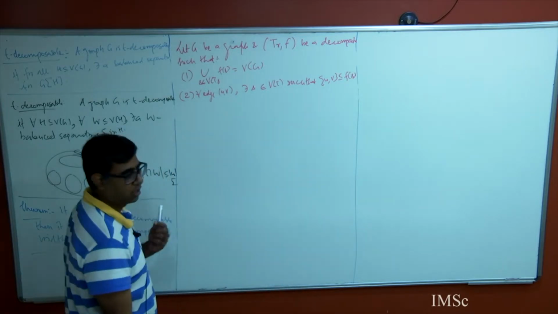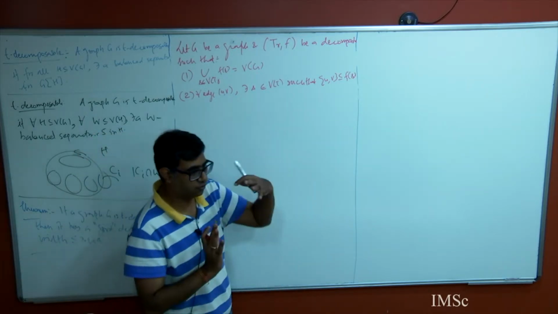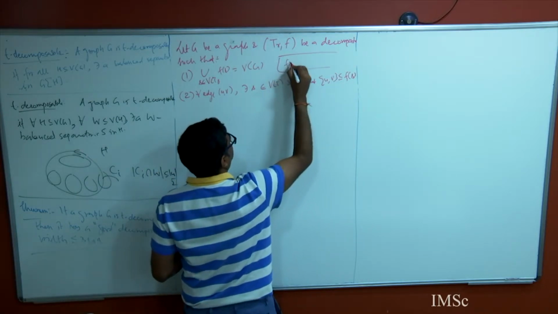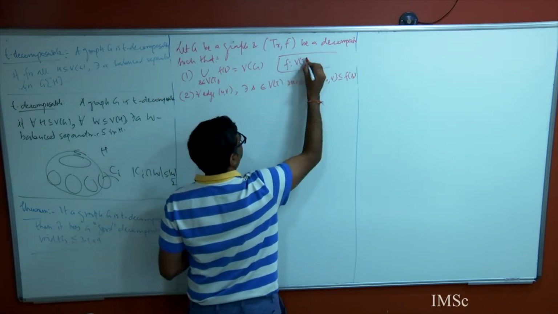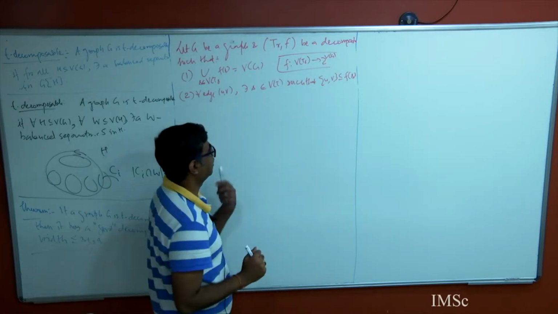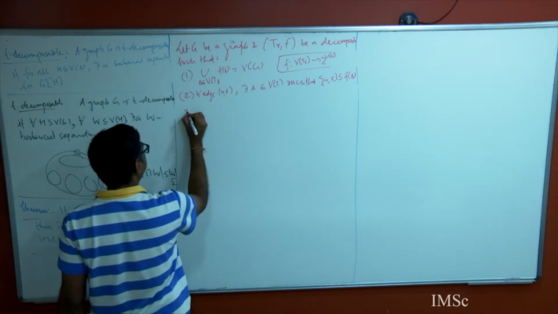So there is a bag, and this F of S, this association, remember this function is from VT to 2 to the power Vg. Since it's a subset of vertices, we call it a bag. And third, what did we show?